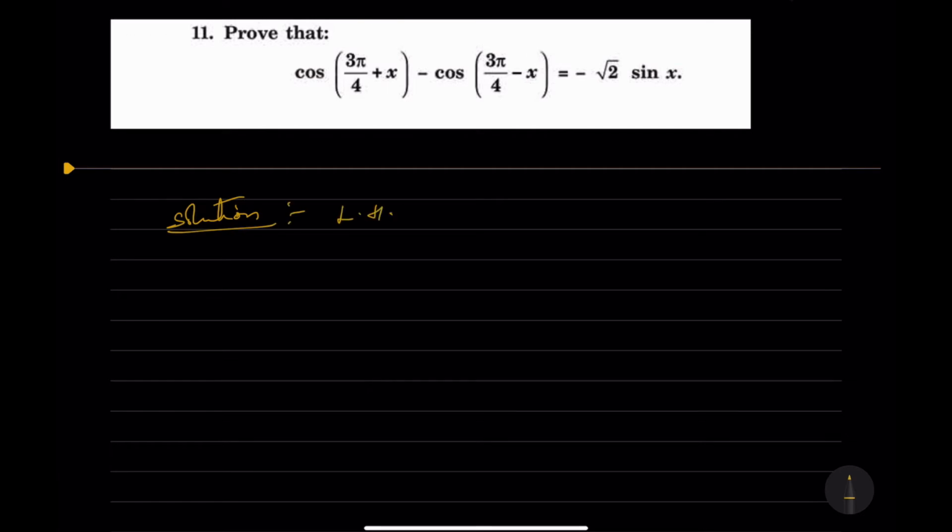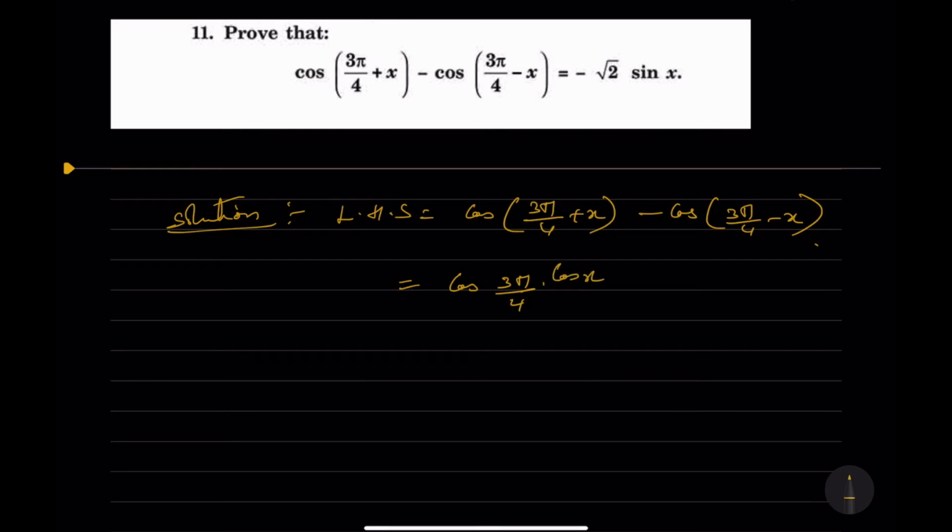So in the solution part we have here LHS is equal to cos (3 pi by 4 plus x) minus cos (3 pi by 4 minus x). We are expanding it as cos a cos b minus sin a sin b, that is cos of 3 pi by 4 plus x, we are expanding it like that.